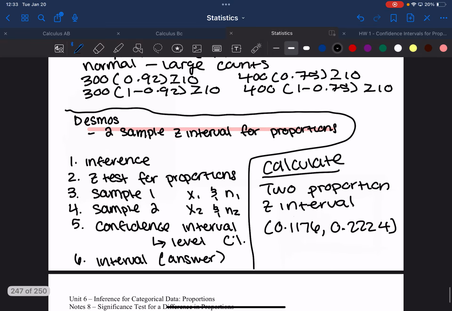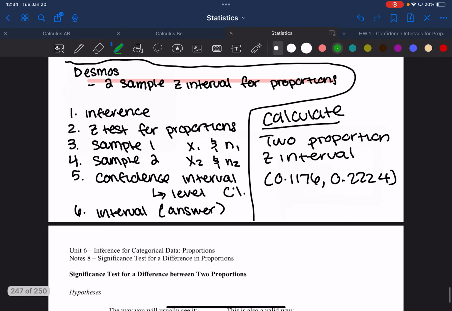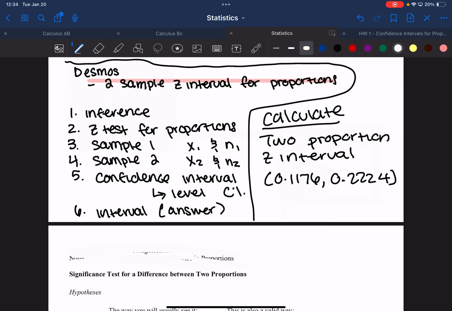And then the last thing you need is your conclusion, and I'm running out of space. Okay.